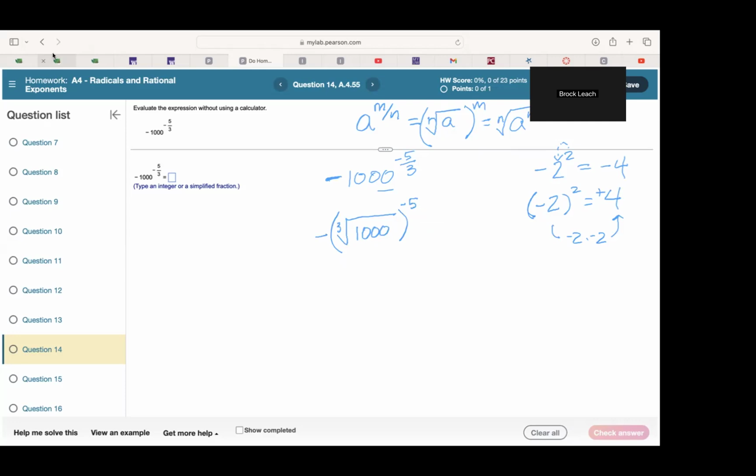We can deal with the negative by simply writing this under 1. So it's 1 over, and now we can make that positive. A to the minus m is equal to 1 over a to the positive m. Let me talk about that just to remind you why that is. It seems like such a weird rule. Why in the world would this become 1 over because it's negative?